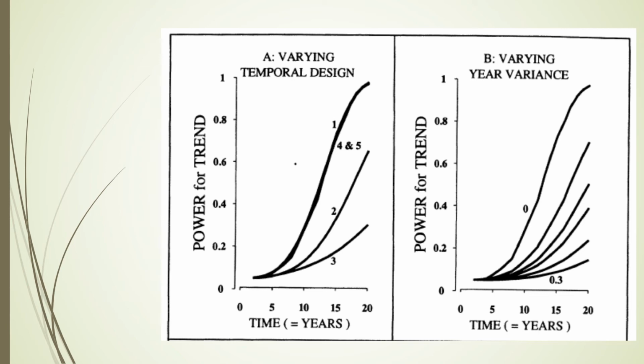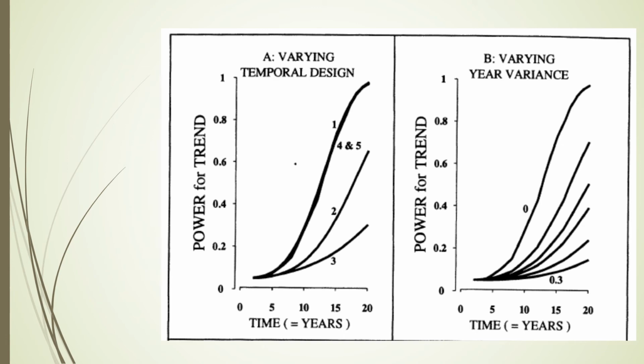That's number 3 at the bottom there, very low power. And I'm sorry, the no revisit is the worst, and the random is somewhere in between. And again, with the random, you are picking up some of the same sites from year to year, so that probably explains that.